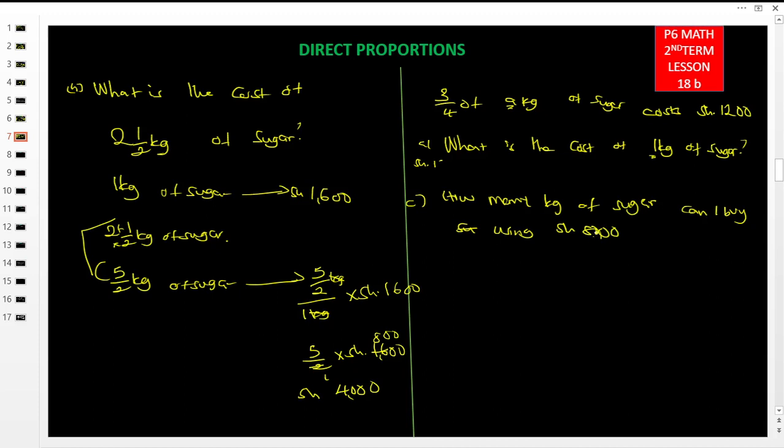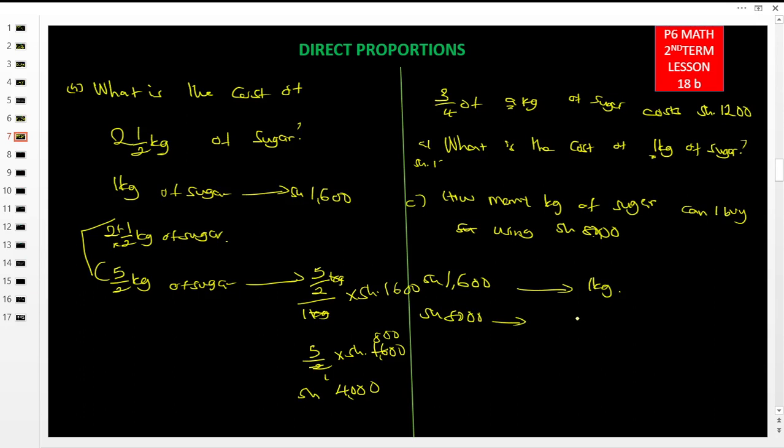using 8,000 shillings. Now we said they are asking for kilograms, so we are starting with the cost, but from the leading statement, that is 1,600 shillings. We use this one to buy how many kilograms? That is 1 kilogram. Then how about the 8,000 shillings?